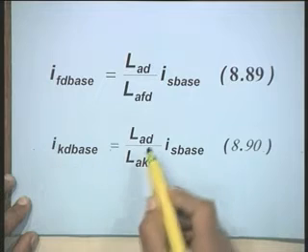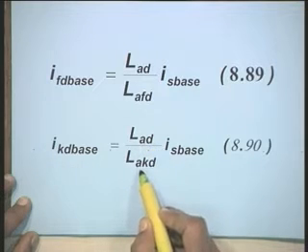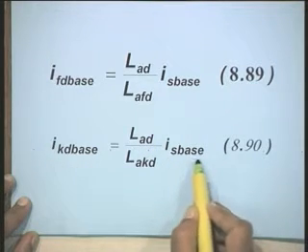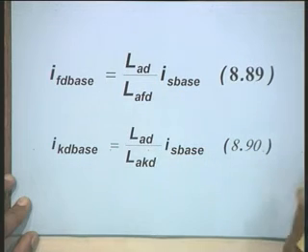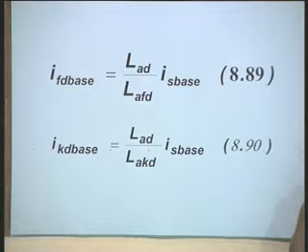Similarly, IKD base comes out to be LAD upon LAKD times IS base. While these quantities are the actual mutual inductances, what we are trying to make equal are the per unit mutual inductances.